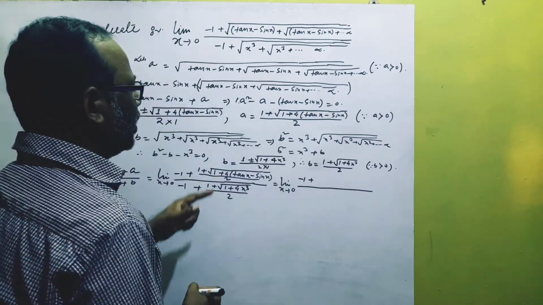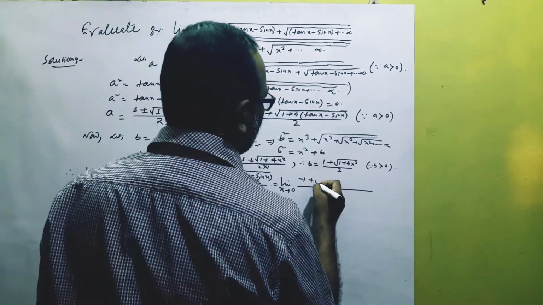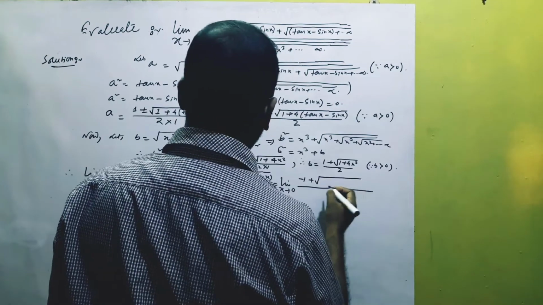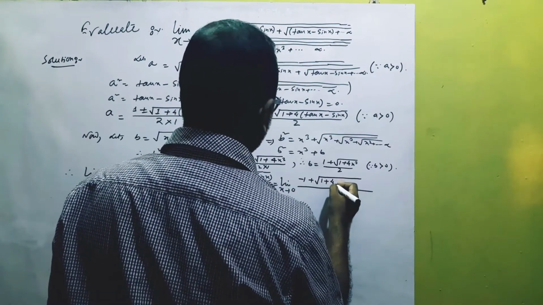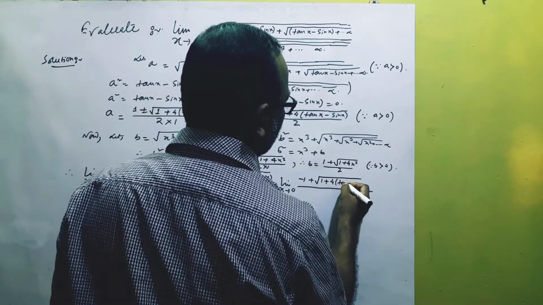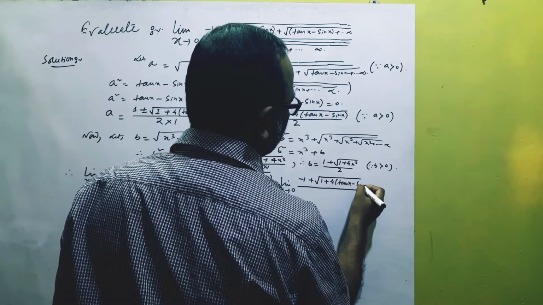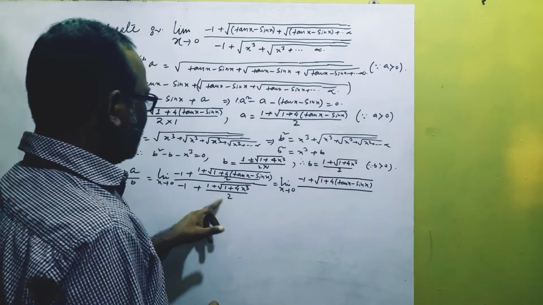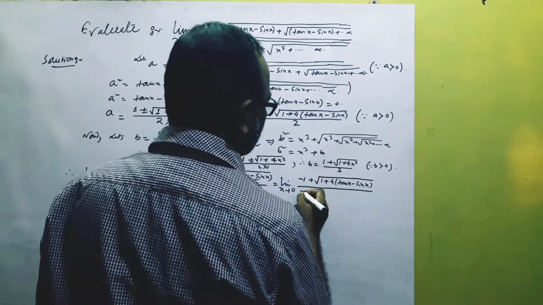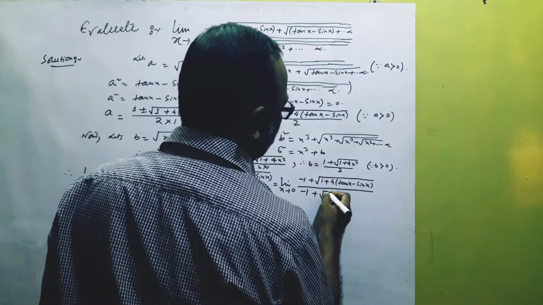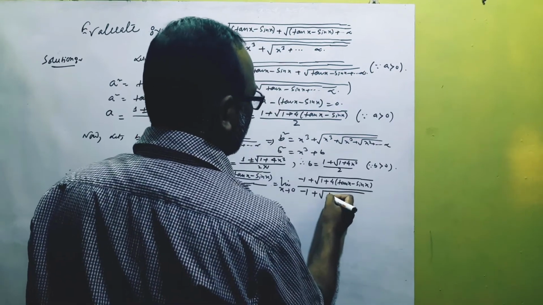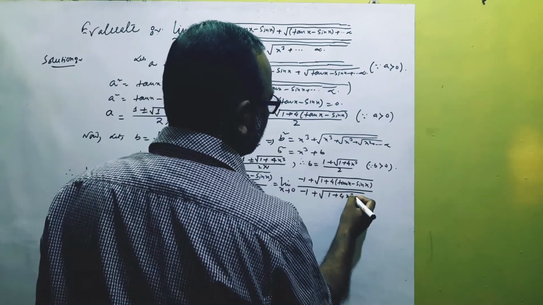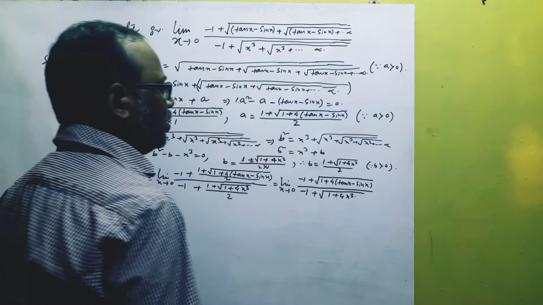So we got −1, and that is √(1 + 4(tan x − sin x)). And the same as we see here, −2 + 1, so that's why −1 + √(1 + 4x³). Okay.